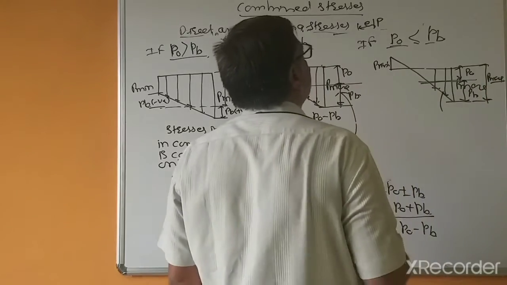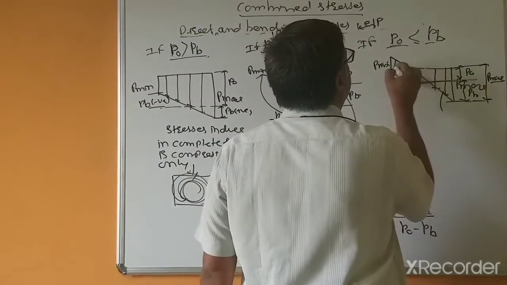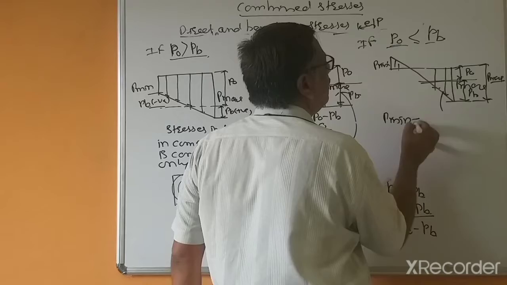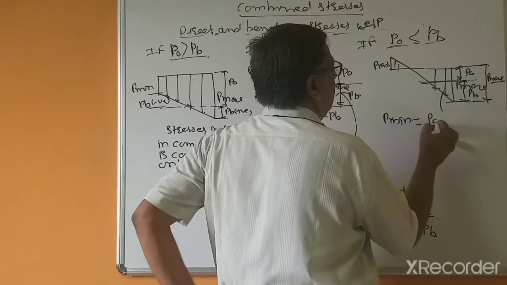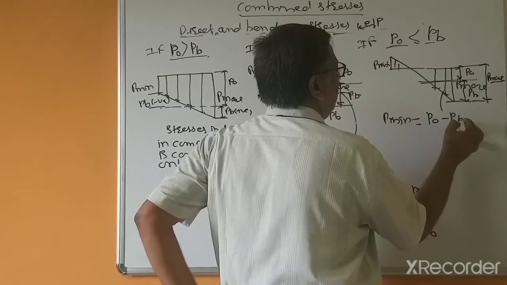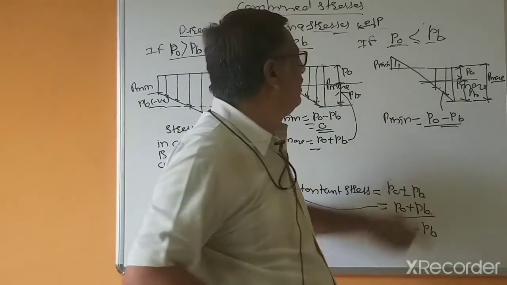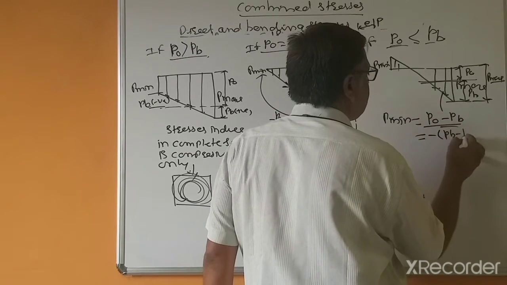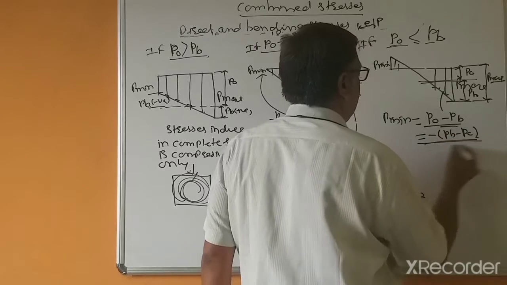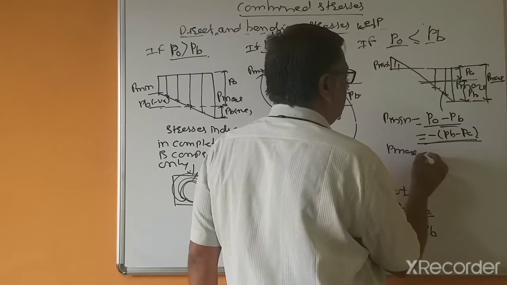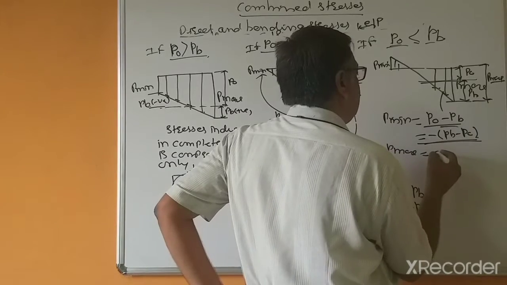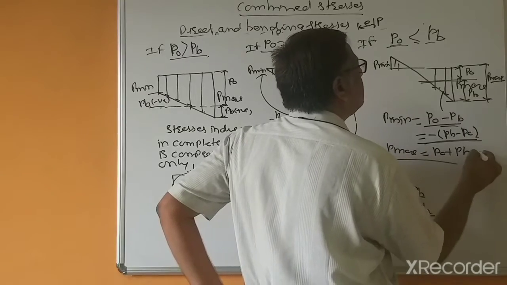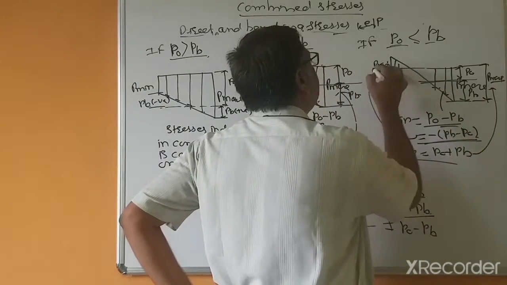P max and this P minimum equal to P0 minus PB. So this PB is greater, so that's why here you can take negative sign, PB minus P0, and P max equal to P0 plus PB. So this is the case and this is the case.